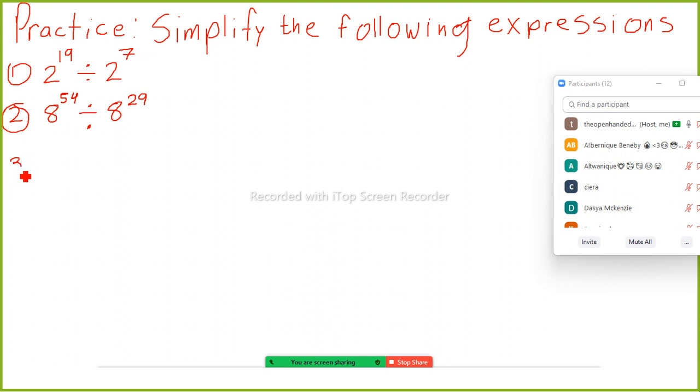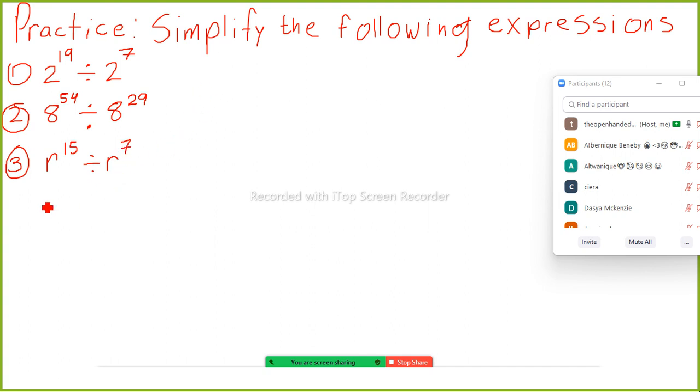Number 3, what if we have, say, r to the power of 15 divided by r to the power of 7.